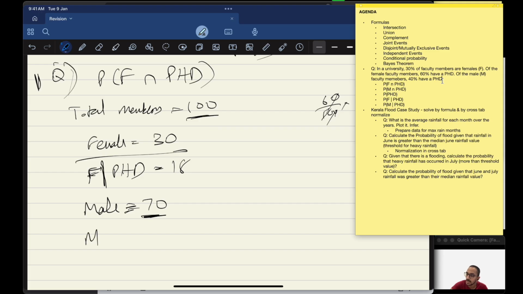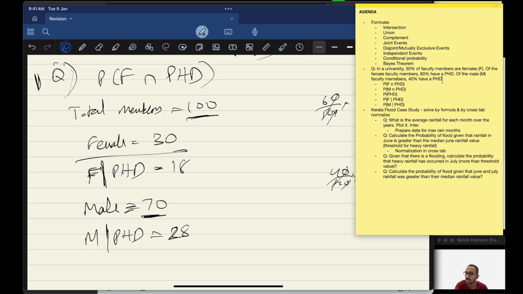So male given PhD would be 40 by 100 into 70, that would be 28, right? So 28 of them have PhD degrees in the male category.